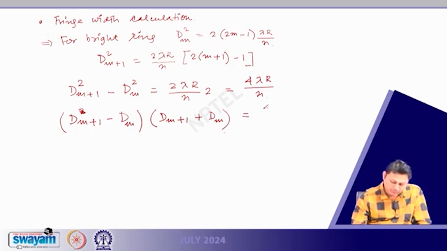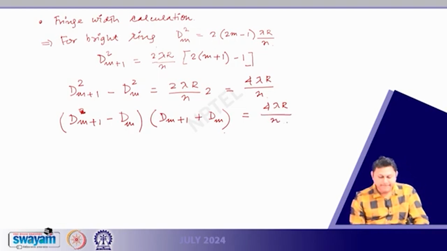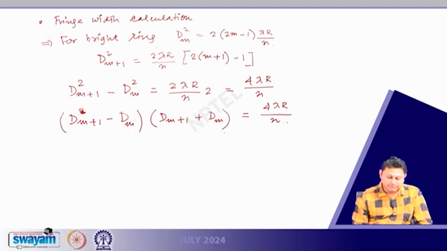That will be equal to 4 lambda r whole divided by n. Now, we checked in the previous calculation that when m is large, the separation between m plus 1 and m minus 1 is reduced.